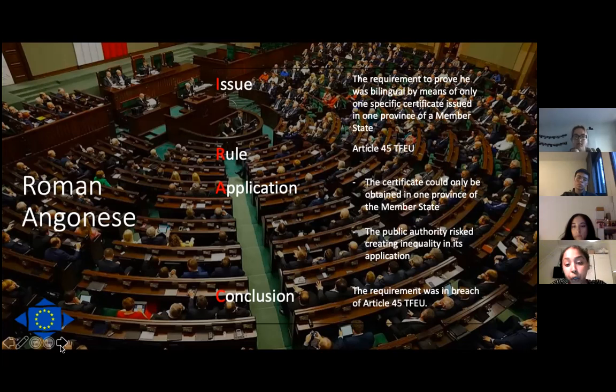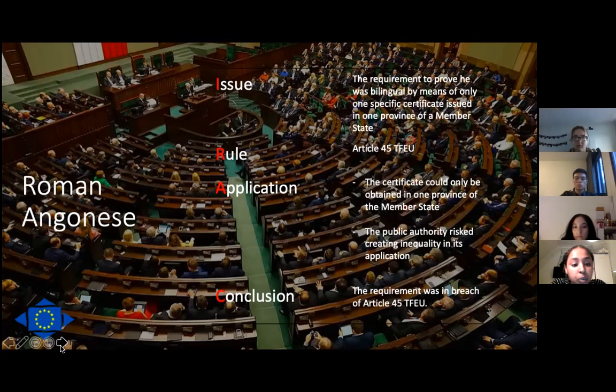So the Court of Justice agreed with Mr. Angonese. The Court of Justice held that application of this rule was discriminatory and in breach of the article. This is because the certificate of bilingualism could only be obtained in one province of the member state, and non-residents of that province therefore had little chance of acquiring the certificate, and it would be difficult or even impossible for them to gain access to the employment in question.